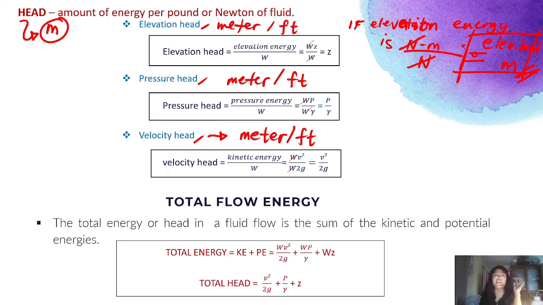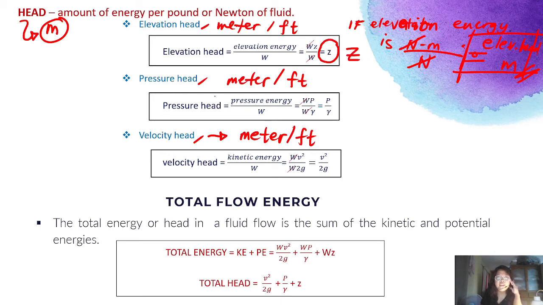Meter ha, okay? Ngayon, kung per pound or newton of fluid siya, so divided by weight itself, so WZ divided by W, magka-cancel out lang din naman yung W niya. So, ang final elevation head mo is the term Z. Z ha, take note of that letter, Z.